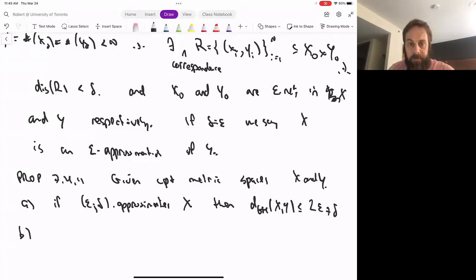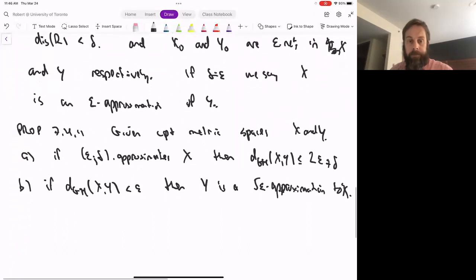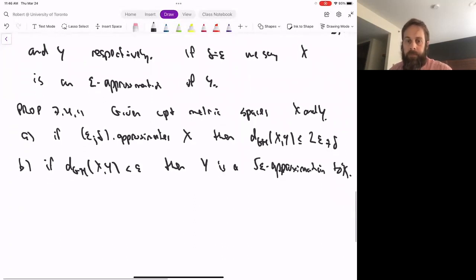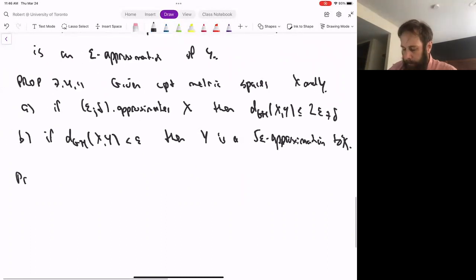And conversely, if the Gromov-Hausdorff distance between them is small, then Y is a 5 epsilon approximation to X. So if Y delta epsilon approximates X, sorry, I keep reversing the orders.